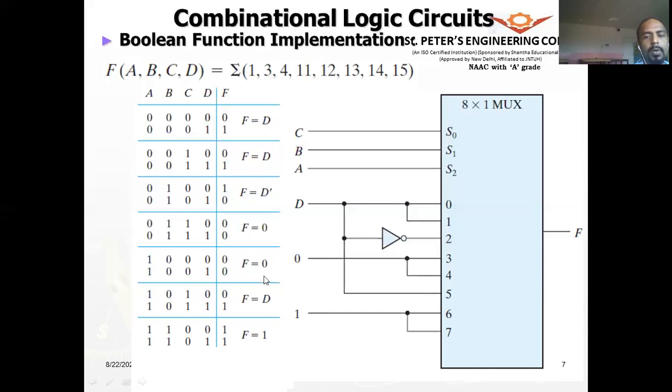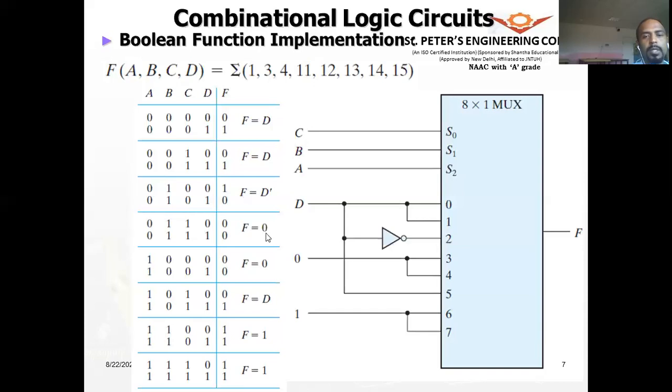Similarly, that is for 12 and 13. Next, for 14 and 15, also the function value is 1. So for the other two combinations, when A, B, C are all 1 and when D is 0 or when D is 1, the function output is 1. So for I7 also, we are going to tie it to high, and thereby we see that it is equal to 1.